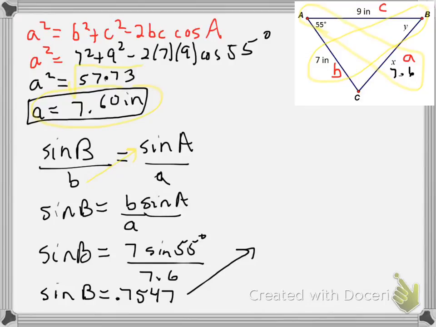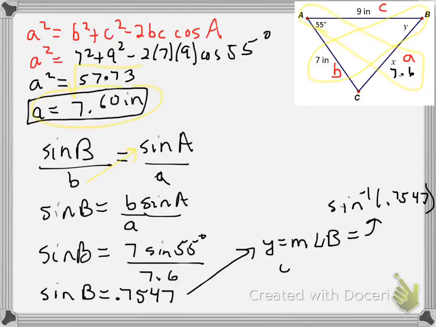So y is the measurement of angle B, and I'm going to get that by doing arc sine of 0.7547. Remember, I kept that decimal in there so I have a more exact answer. I just didn't have room to write it all in.